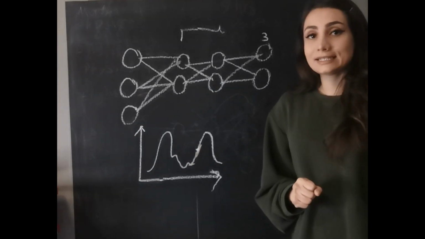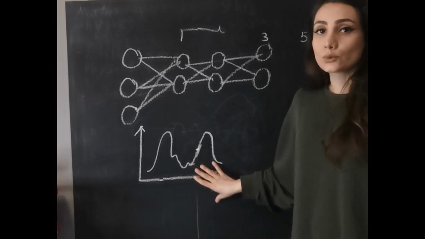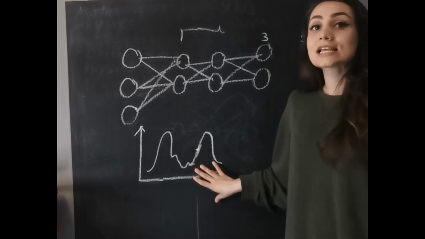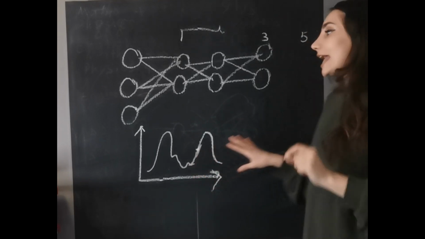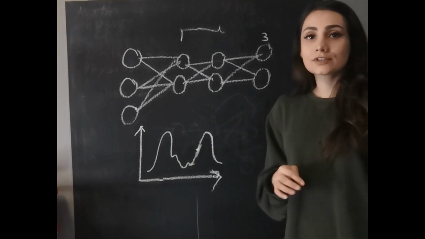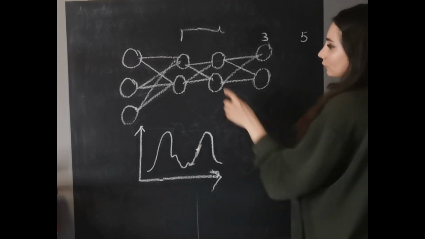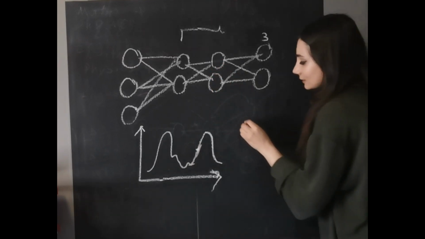When we are updating our weights, this is not the only gradient that we consider. There is another gradient that we consider, and that is called the activation function gradient. For example, each one of these neurons has an activation.